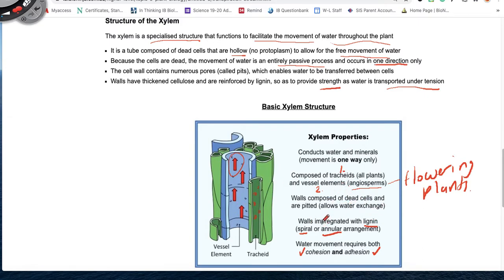We also see that the walls are composed of dead cells and are somewhat pitted, also allowing greater movement of water. And we know that the water is moving in one direction only, from the roots up to the shoot of the plant, the stems and leaves.